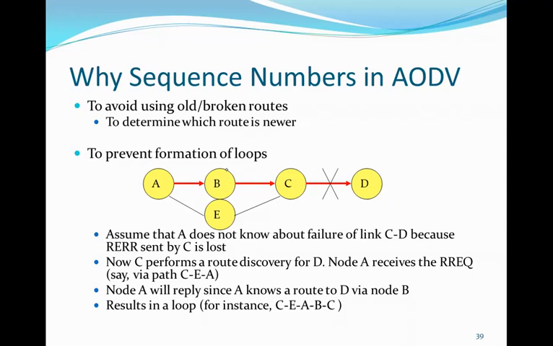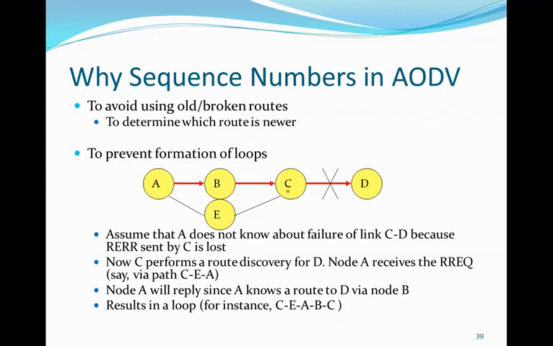So when C performed the route discovery for node D, node A received the route request through path C, E, and A. As the route error packet was not received by node A, it responds back with the older information. Node A will reply since A knows a route to D via node B. So node A replied to E that I can provide access through node B, then C, and then D. That results in a loop.